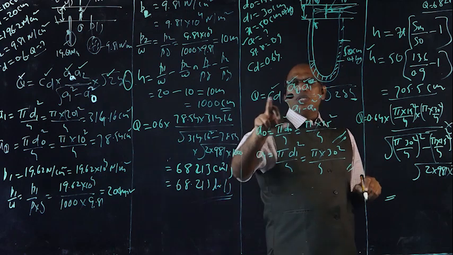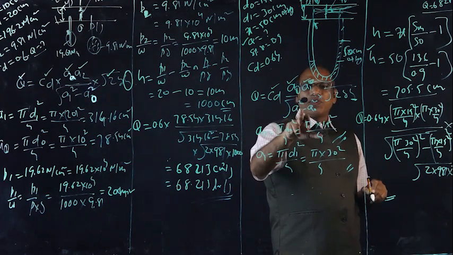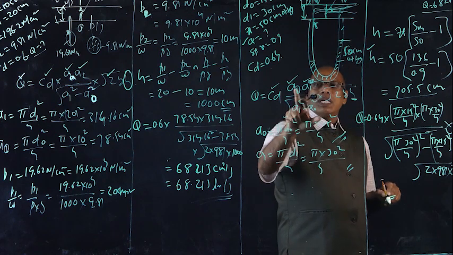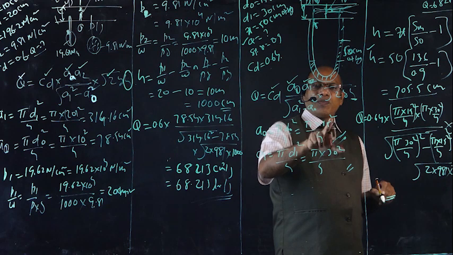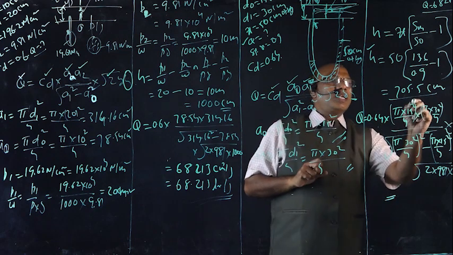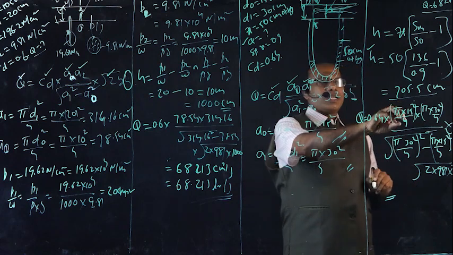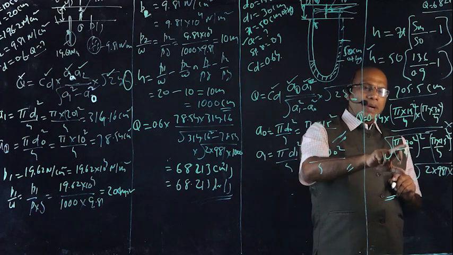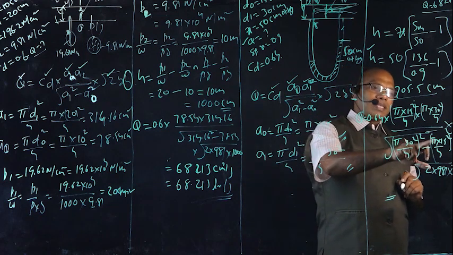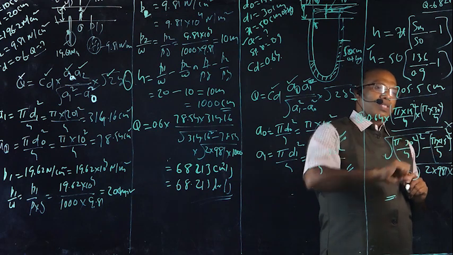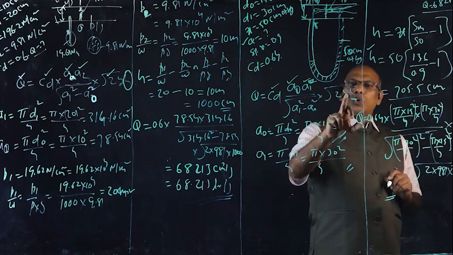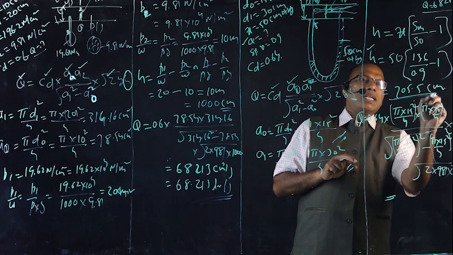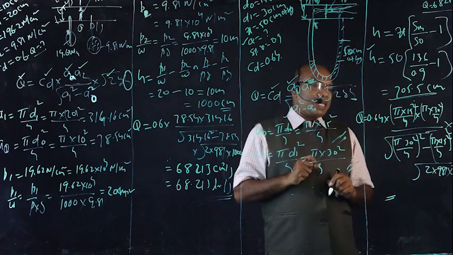Right, finally the discharge Q is equal to CD A0 A1 divided by square root of A1 square minus A0 square, into root 2GH. CD is equal to 0.64. A0 is pi into 15 square by 4, A1 is pi into 30 square by 4. A1 square is pi into 30 square by 4 whole square, minus A0 square, pi into 15 square by 4 whole square, into root 2G, 981, into H, already determined, that is 705.5 centimeters.